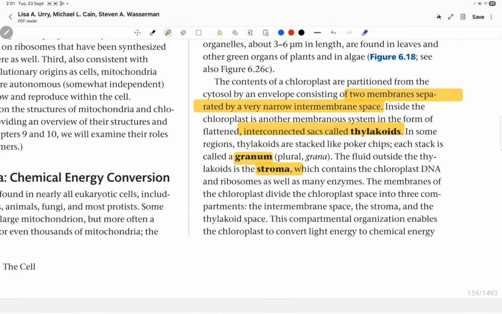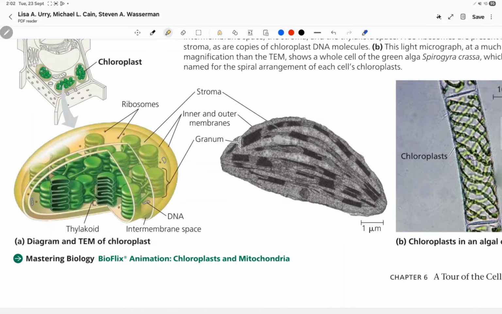The stroma is where the chloroplast DNA is and where the chloroplast ribosomes are going to be as well. You see here, the single coin is called a thylakoid, the stack is called the granum, and the fluid that they swim in is called a stroma.